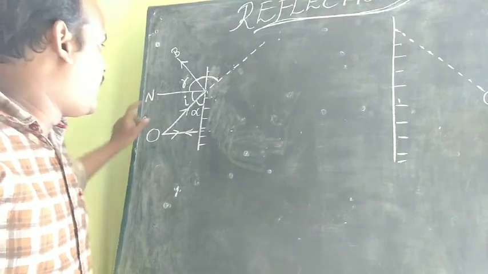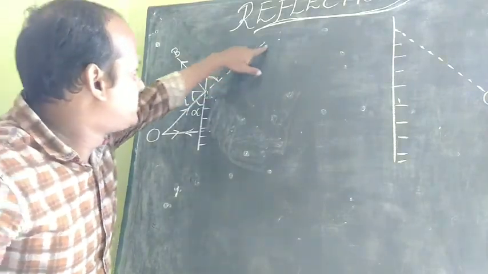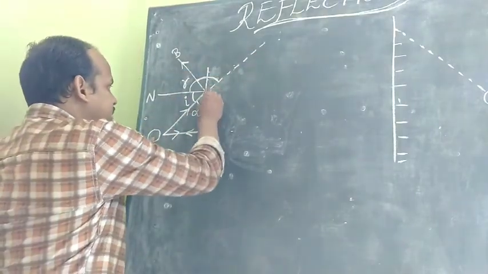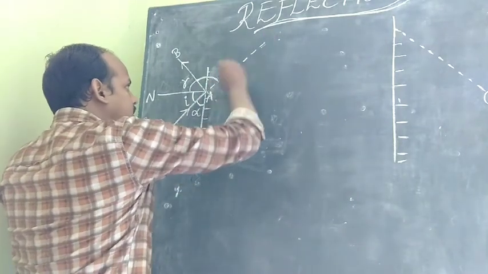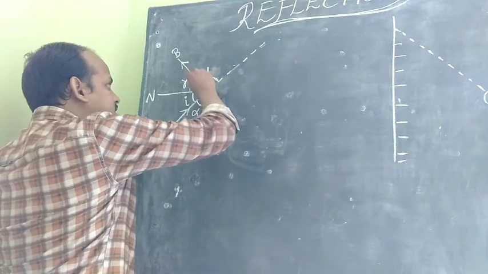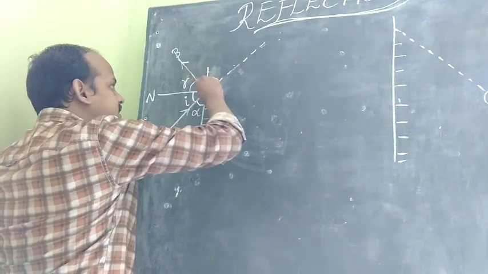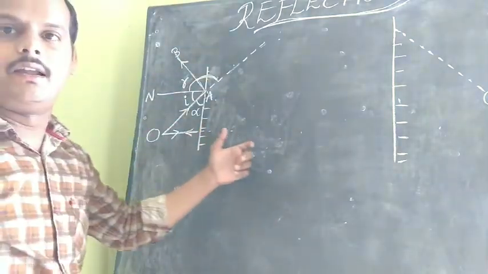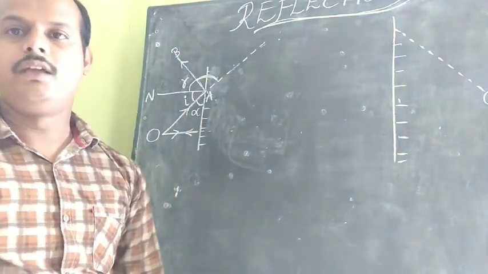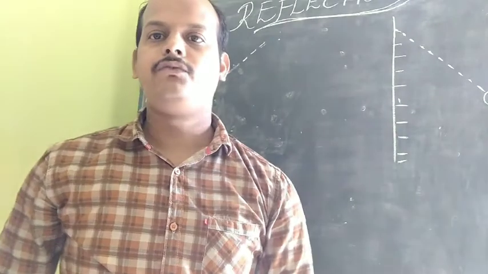Once again, listen: OA is the extended incident ray. If I extend this incident ray back behind the mirror, and make an angle between this extended incident ray and the reflected ray, that is called the angle of deviation.